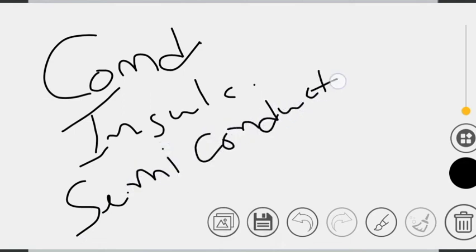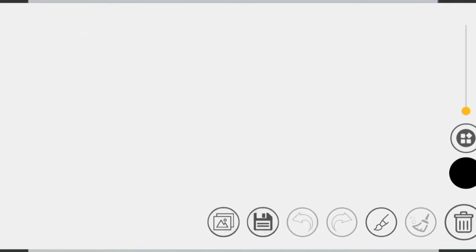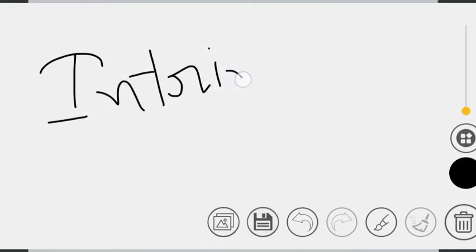Next, we have some other topics of semiconductor, that is intrinsic and extrinsic semiconductors. What is an intrinsic semiconductor and what is an extrinsic semiconductor? Let's start with intrinsic semiconductor.